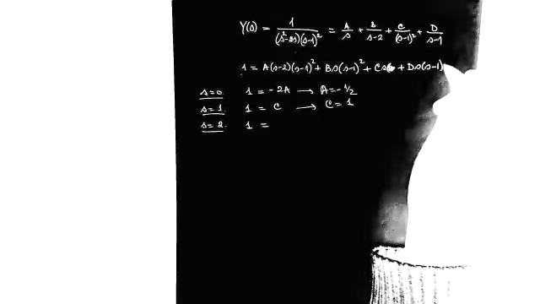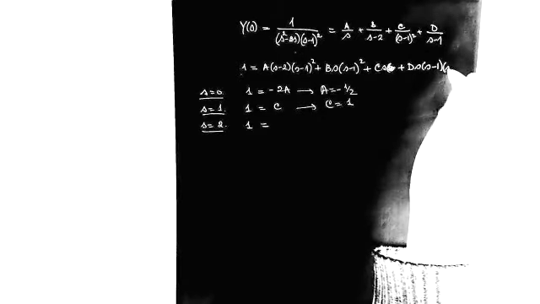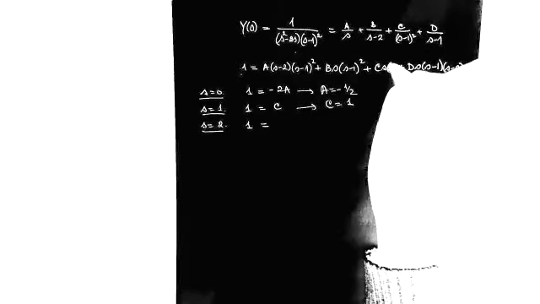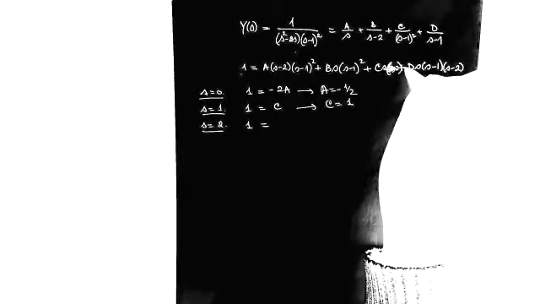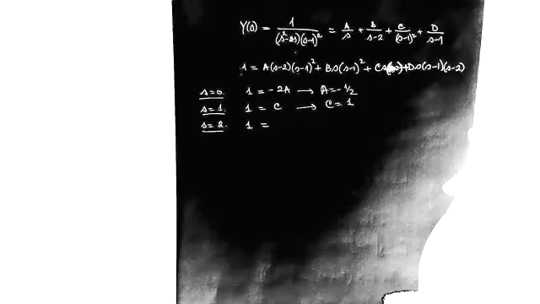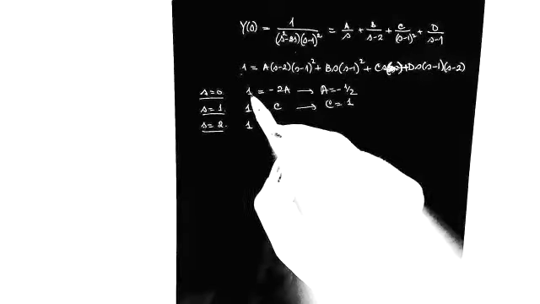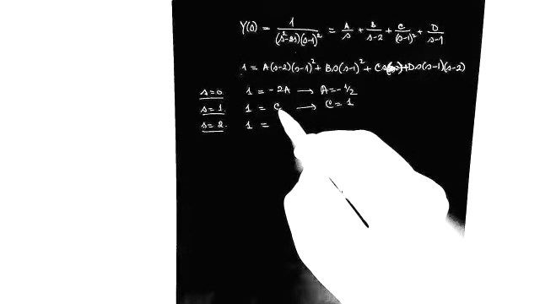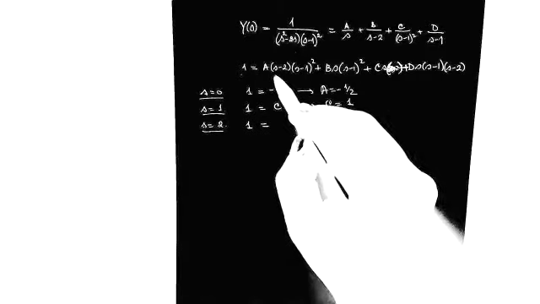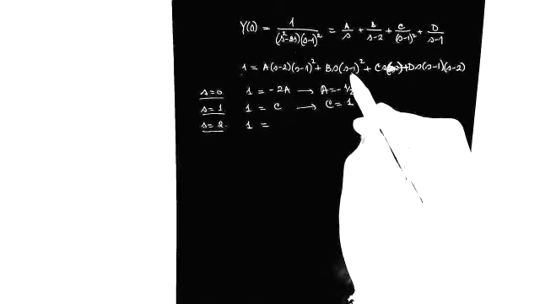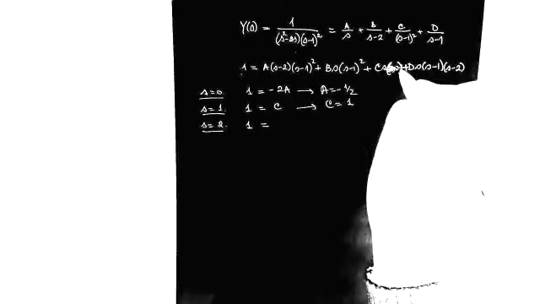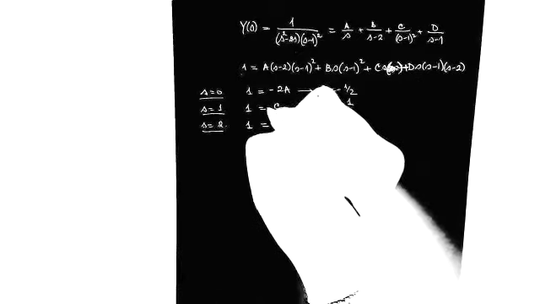If we plug in s equal 2, on the left, we still have 1 equals on the right, 0. We're missing something here. I'm missing s minus 2 here, and we are missing s minus 2 here. All right, and if that's the case, for A, it's okay. For C, you get 1, and then 0, 0, and here, minus 2C.